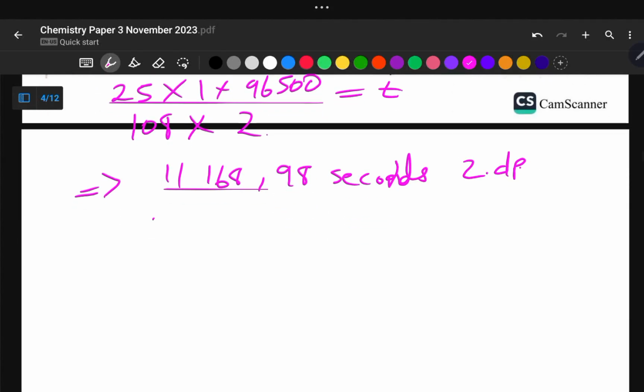So we can use the formula Q, the charge, is equal to IT. We want to find the charge which is being used, and we are sharing the same current.